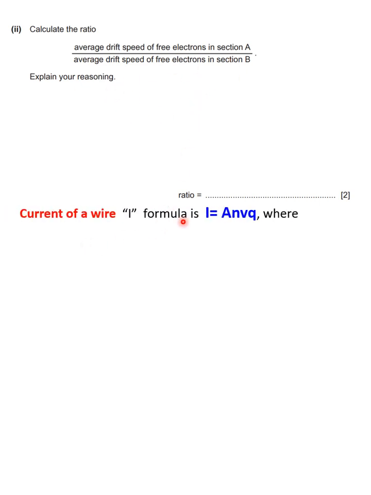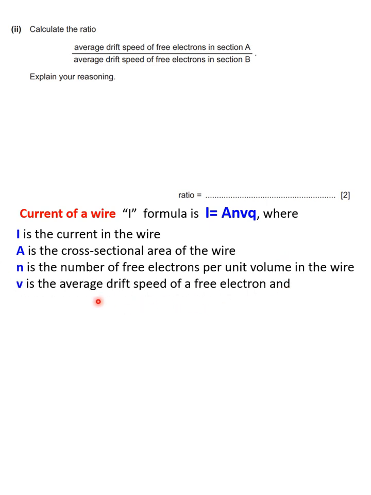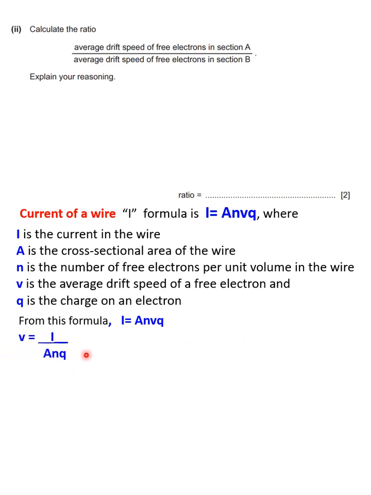I'm going to use the current of a wire formula, in which I is the current in the wire, A is the cross-sectional area, n is the number of free electrons, v is the average drift velocity or speed, and q is the charge of an electron. Now from this formula, I'm going to rearrange for the drift velocity.